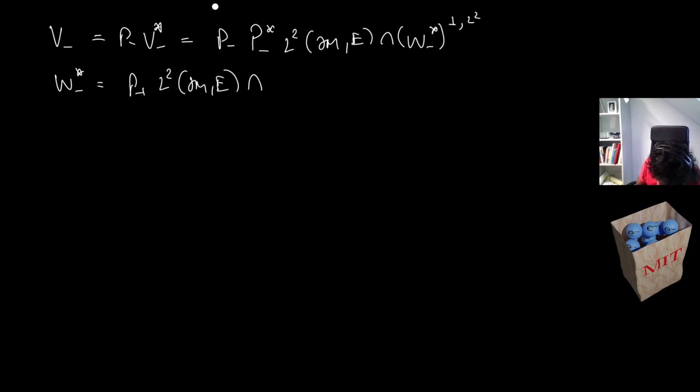W minus was P minus star of the complementary boundary condition, right?